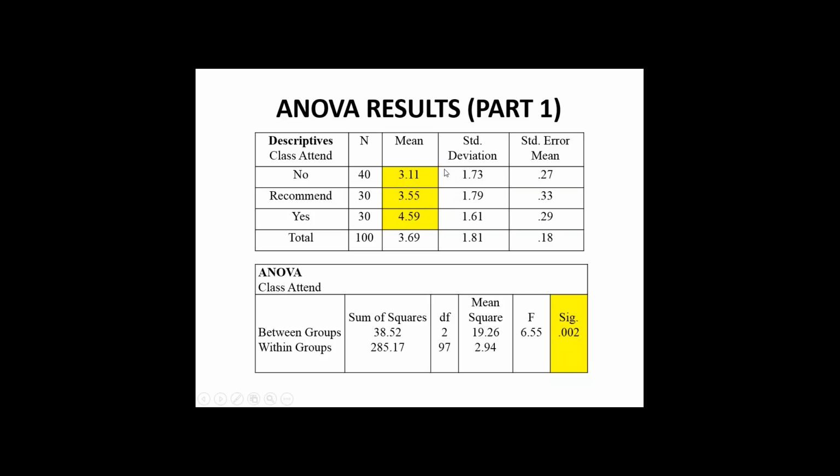In other words, the average attendance for someone not prescribed class is a little more than 3. But the average attendance for someone prescribed class by their doctor is over 4.5 classes, 4.59. The doctor-recommended group is somewhere in the middle, just about 3.5.